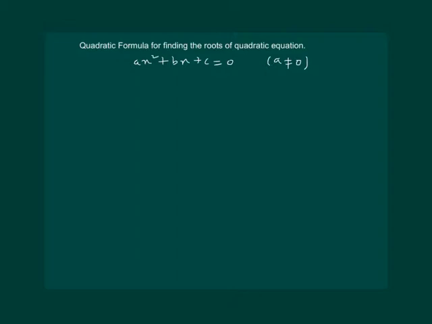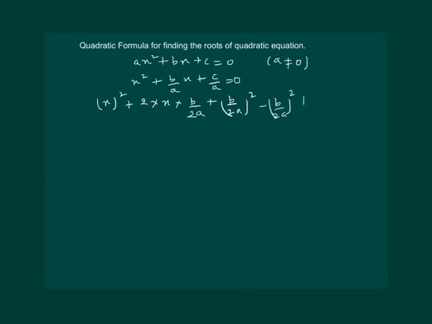Divide by a throughout, which will give me x square plus b by a times x plus c by a equal to 0. Completing the perfect square, we get 2 into x into b by 2a plus b by 2a whole square minus b by 2a whole square plus c by a equal to 0.